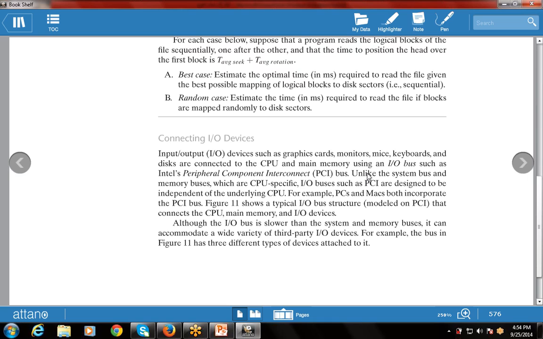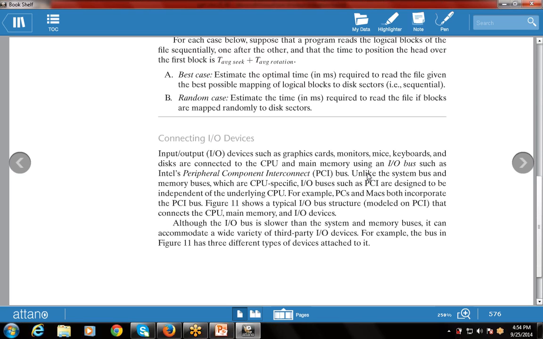Unlike the system bus and the memory bus, which are CPU specific, input-output buses such as PCI are designed to be independent of the underlying CPU. That is, if I connect the CPU with the input-output devices, I may use the PCI, Peripheral Component Interconnect bus, which is designed to be independent of the CPU.